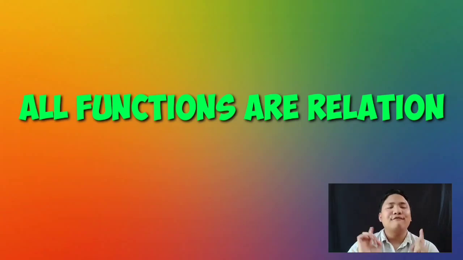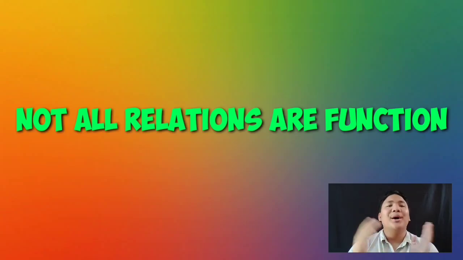So with regards to that, we can say that all functions are relations, but not all relations are functions, because there are some relations that are not a function. Alright, I know that you already got it. So let us now proceed with our application or our evaluation of your learning to our subject.